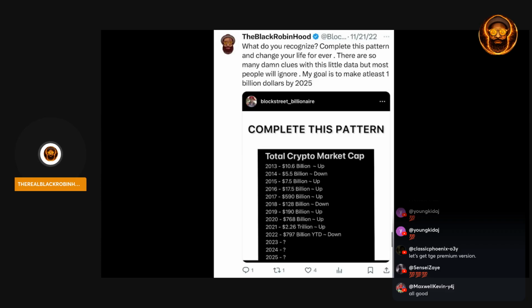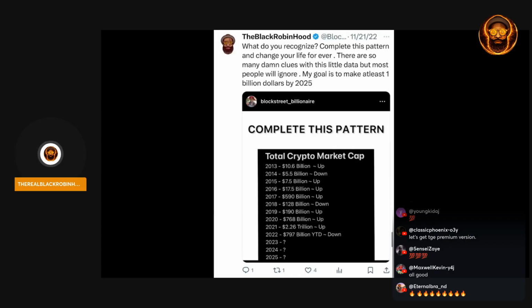You see what I'm saying? So it went from 10 billion down to 5 billion to 7 billion, 17, then 590 billion. Then it went down from 590 billion to 128 billion. Then it started creeping up 190, 768. Then in 2021, it went to 2.26 trillion for the first time.